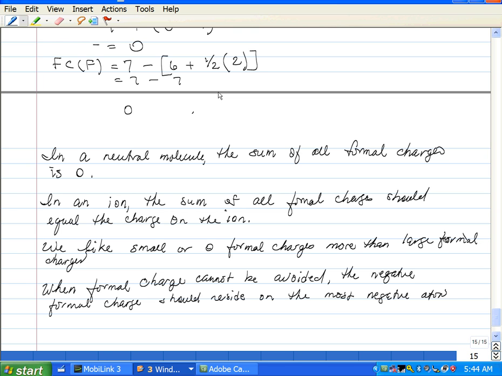So we would pick the structure that has the negative formal charge on something more electronegative, like oxygen. We would pick the structure that has the more negative charge on the more negative element.